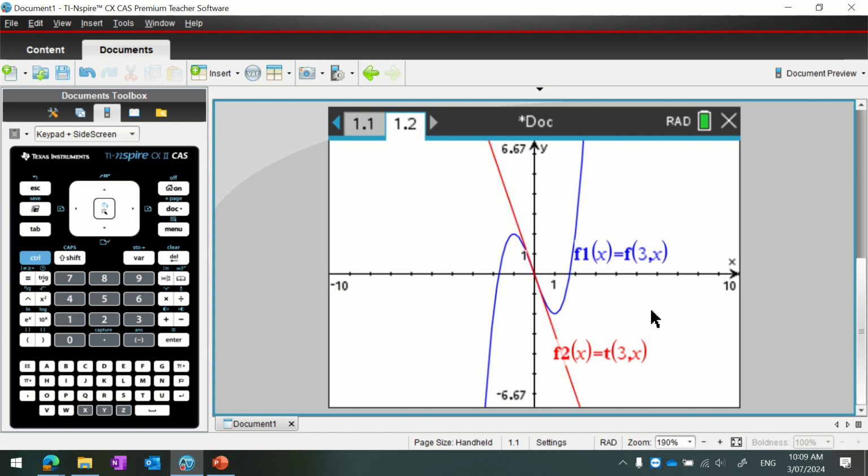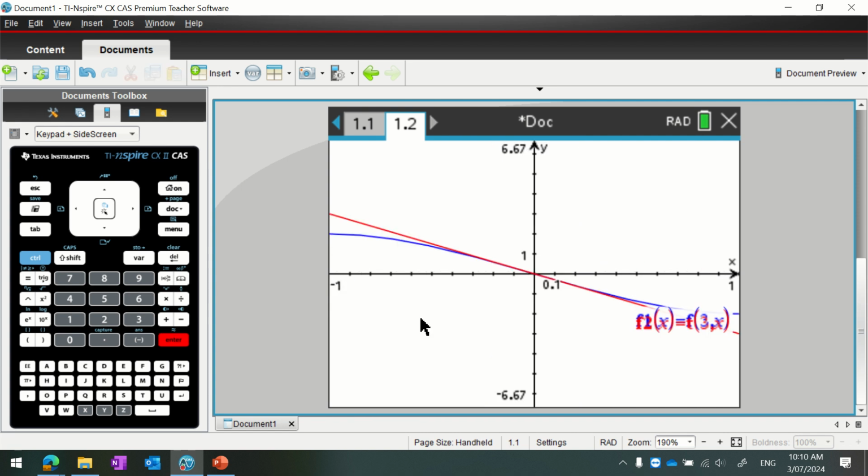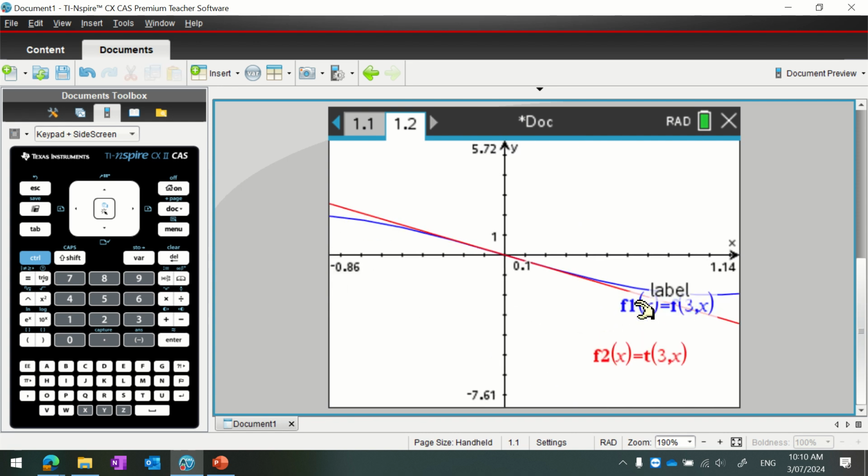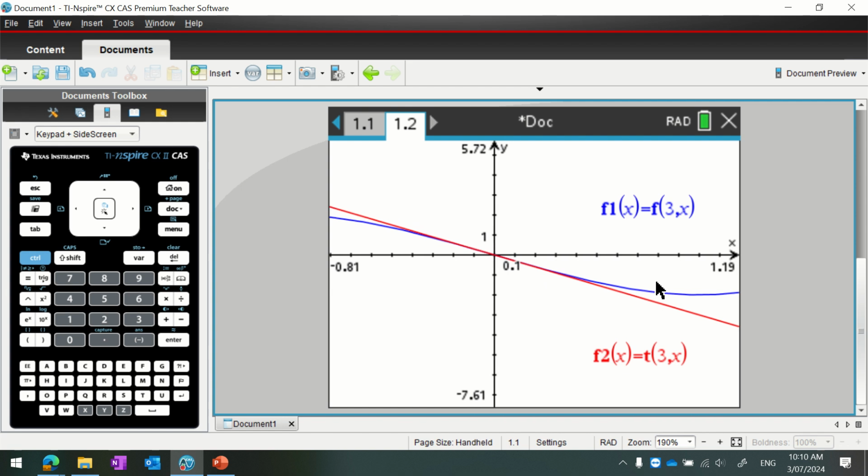Even though you can't really see that here, we could zoom in. You can see that the blue curve is always on top and the red curve is always at the bottom. That's because 0, 0 is a point of inflection for the function f, and the gradient starting from 0, 0, if you go to the right, is going to increase, and the gradient of the red line is constant.